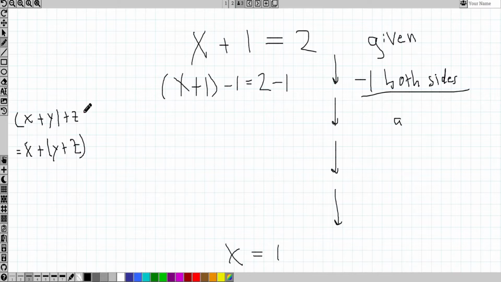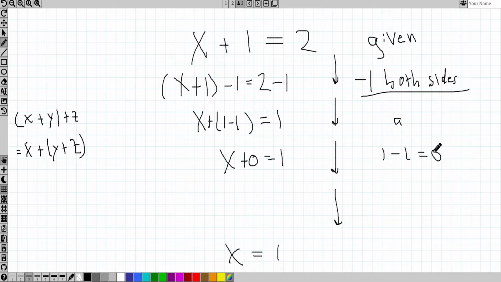So basically, I can move these parentheses to be around this 1 and this negative 1 to get x plus 1 minus 1 is equal to 1. This is the associative law. And now I have x plus 0 is equal to 1, which is the 1 minus 1 is equal to 0. Specifically, they're inverses, they're opposites. They undo each other, they go to 0.